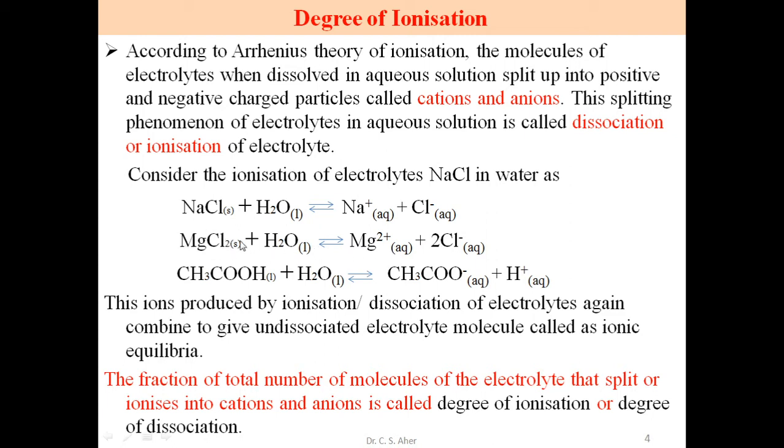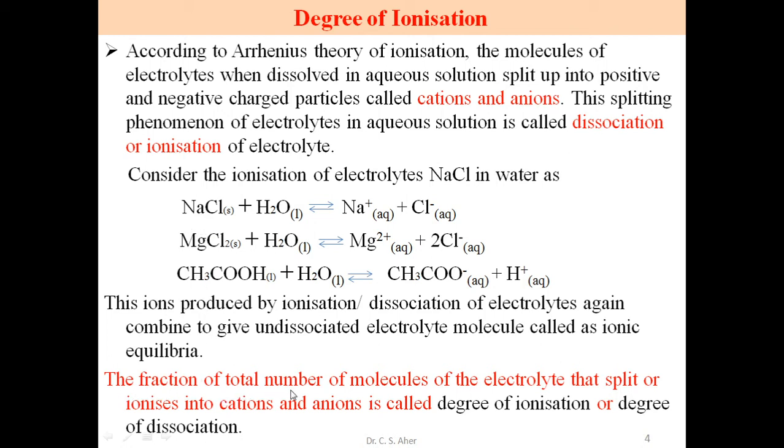This back reaction also happens, and this equilibrium situation is called ionic equilibria, similar to chemical equilibria. So this is an ionic reaction, and we call this chemical equilibria ionic equilibria. Ionic equilibria is the production of ions and the combination of ions to form undissociated electrolyte.